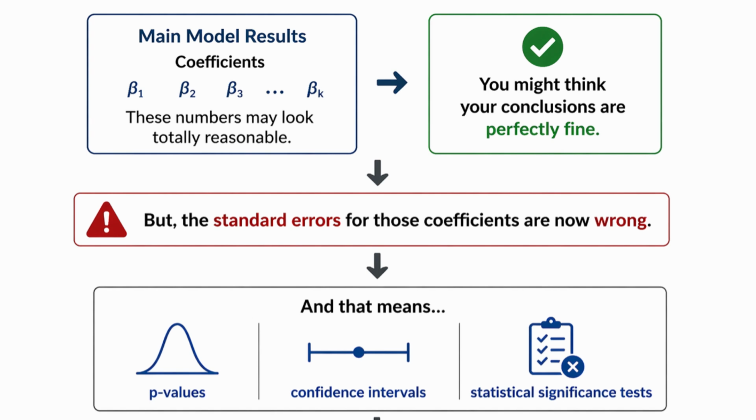You might think your conclusions are perfectly fine, but the standard errors for those coefficients are now wrong, and that means your p-values and your confidence intervals, basically how you test if a result is statistically significant, none of it can be trusted. Your confidence is just misplaced.